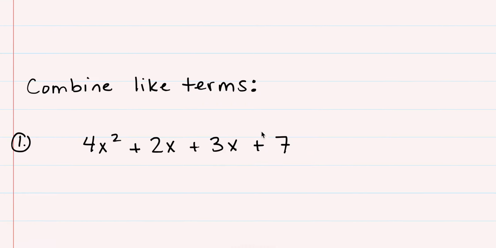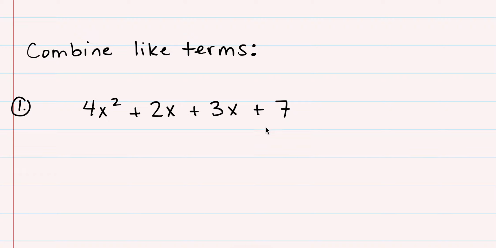All right, let's review combining like terms. When we have an expression like this, we look at things that just have a number. If we have more than one number, we're going to add them together. Then we look for things that have just an x. You can see that this has just an x and this has just an x.